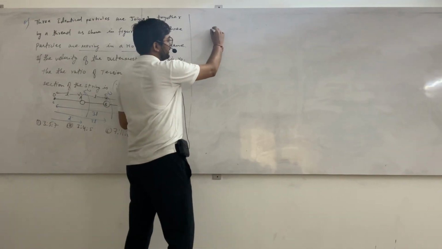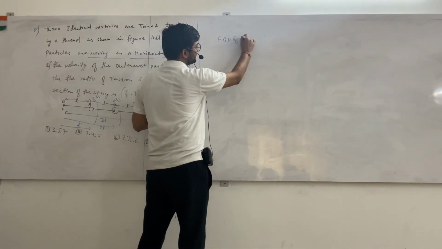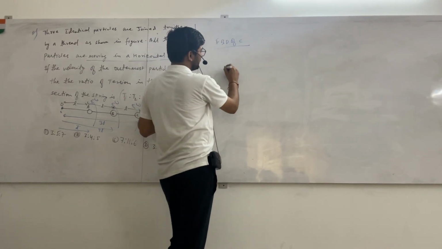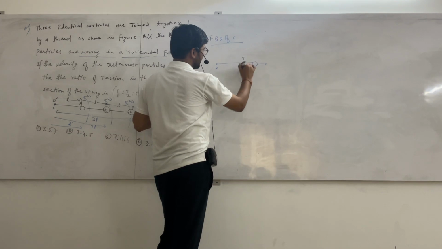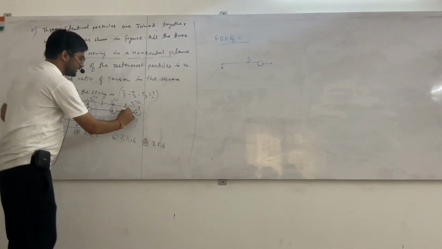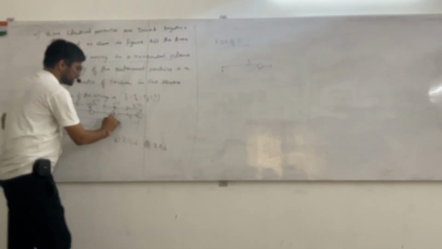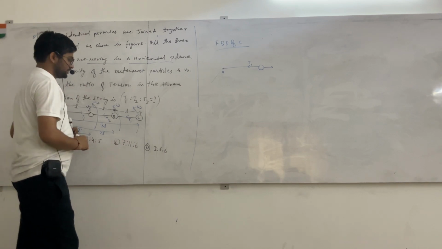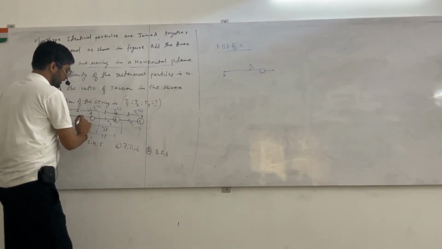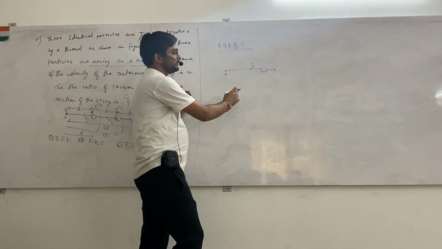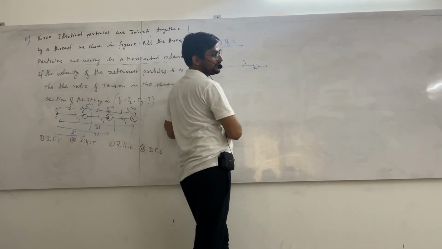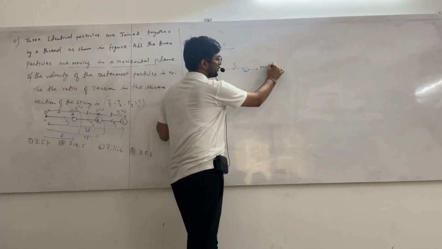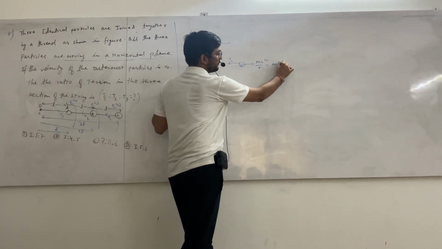Now if you draw the FBD of C, this is the center and the C particle is there. Suppose T1 is the tension on C, T2 on B, and T3 on A. For the tension on C, there is the outward force, that is the centrifugal force, m v square by r or m omega square r.